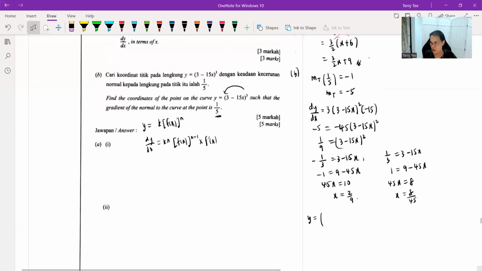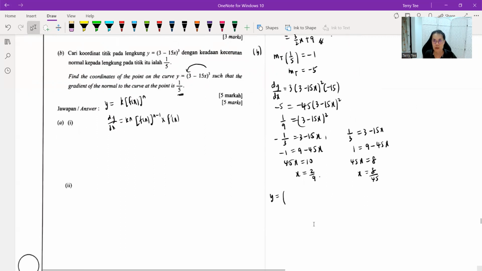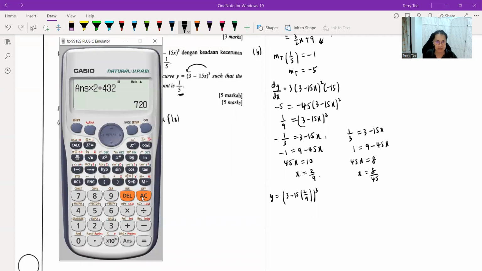Let's move this down a little bit so you can see the whole question. I need to put 3 minus 15 times 2/9 in brackets. Sorry, it's not a square, it's a cube. So you can use a calculator here. When you close bracket, you cube it.